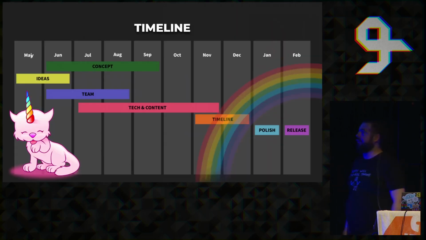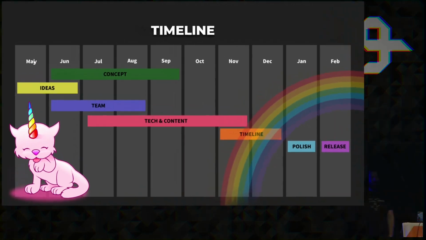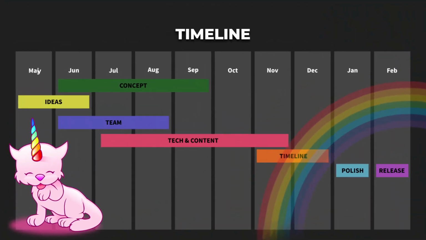So yeah, timeline, the time frame I want to cover now, and that was kind of the outlook when we started, which was pretty much right after last year's Revision, and I think it maybe even started at the party.